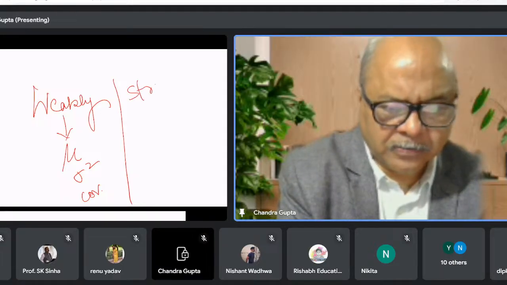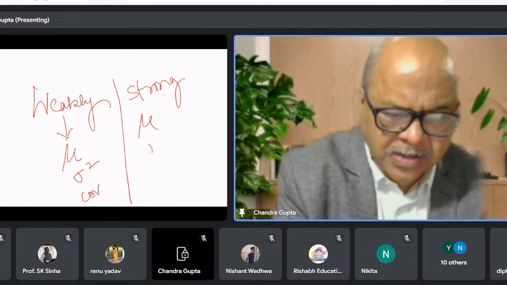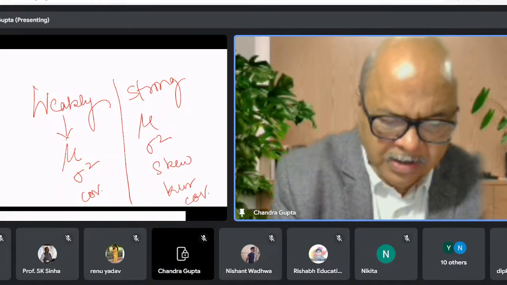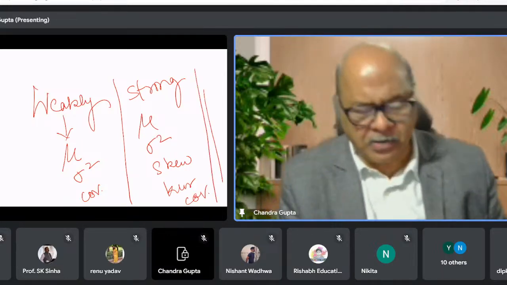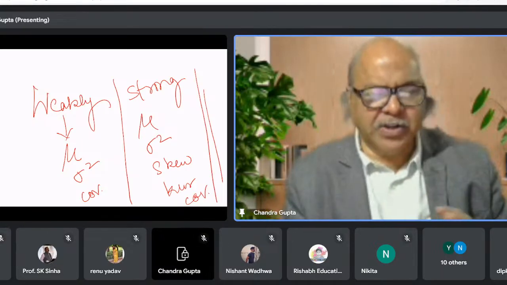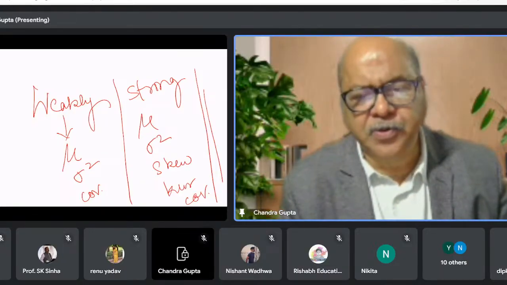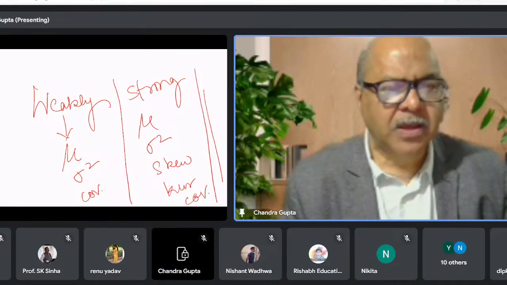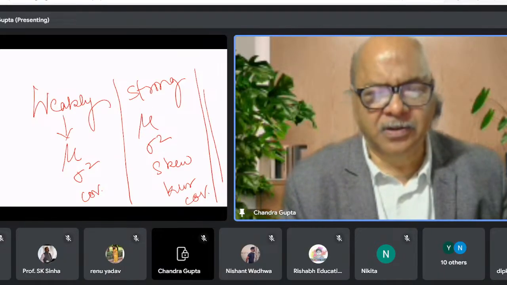Strong, mean constant, variance constant, skewness constant, kurtosis constant, covariance constant. Everything is identically distributed. So same distribution over the period of time. No change in the distribution. But in weak, I'm not talking about the distribution. What I'm saying, mean should be constant, variance should be constant, covariance should be constant.